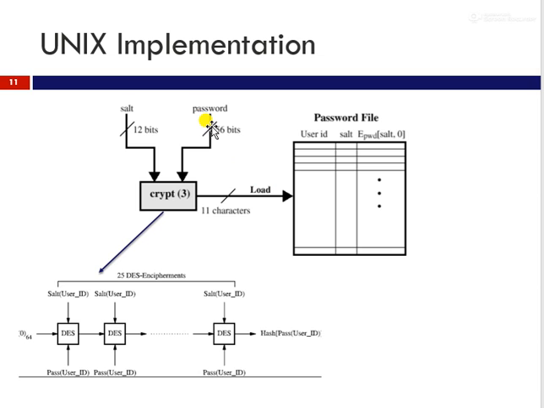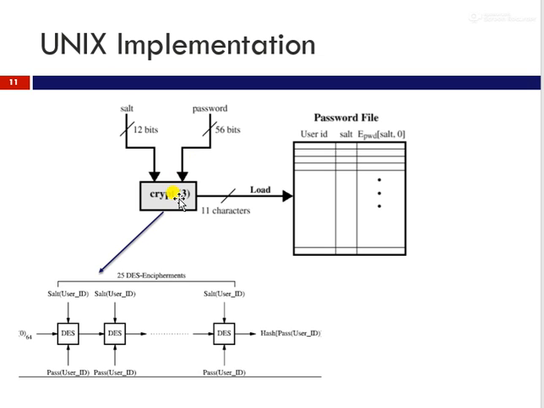These are 8 ASCII characters, and the system converts them to 56 bits, because each ASCII character is 7 bits long. Then the system generates a random salt value which is 12 bits long, and this 12 bit salt plus the 56 bits are combined together and given as input to the crypt3 algorithm. Now crypt3 is the slow hash algorithm.